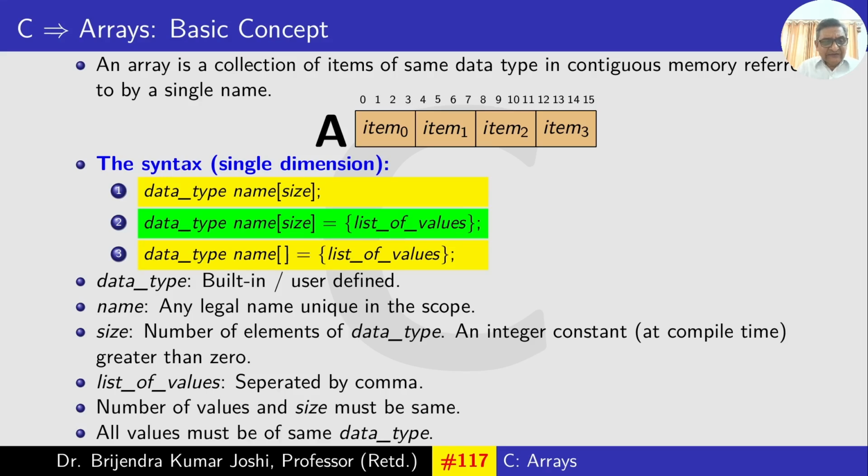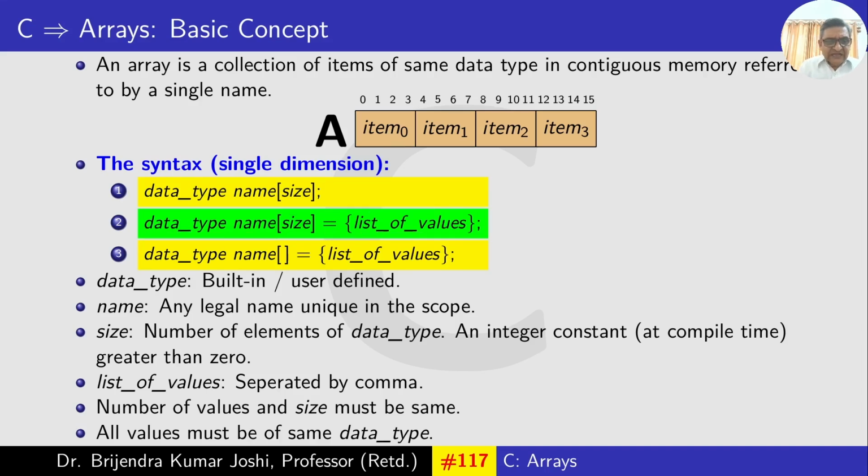Next one is data type, of course, of which data type you want to declare an array, then its name, as usual size, but at the time of declaration we can assign the values. So make use of assignment operator, opening brace, closing brace, semicolon, and between these two braces a list of values delimited by comma. All the values in this list must be of the same type as this data type.